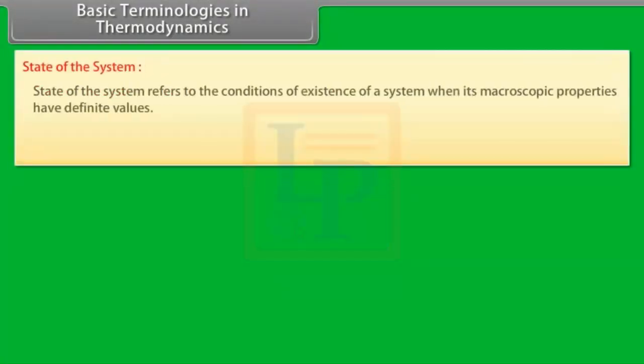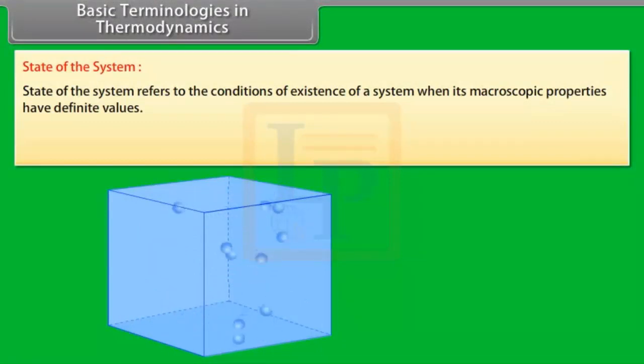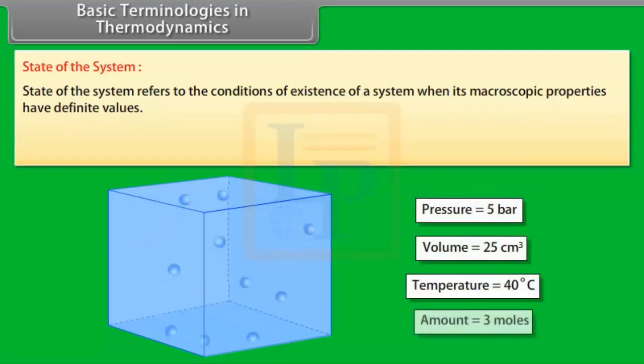State of the system. State of the system refers to the conditions of existence of a system when its macroscopic properties have definite values. For example, the state of a gaseous system can be defined by its pressure, volume, temperature, and amount. Once these minimum numbers of macroscopic properties are fixed, the other properties automatically acquire definite values.